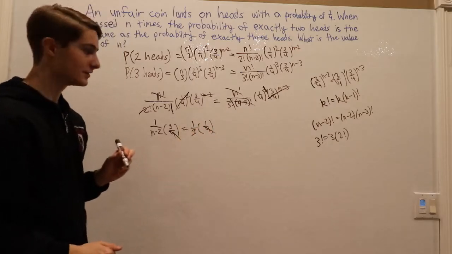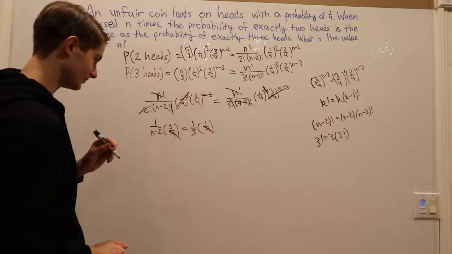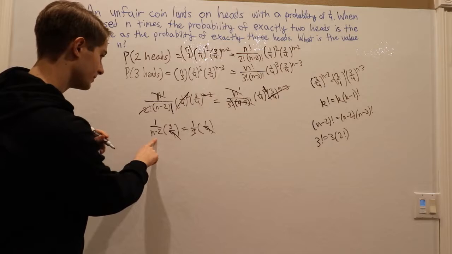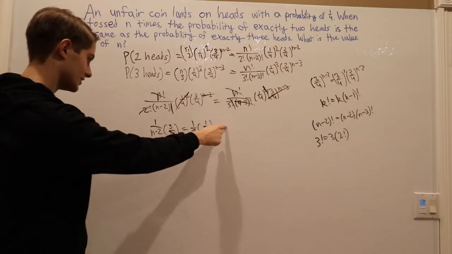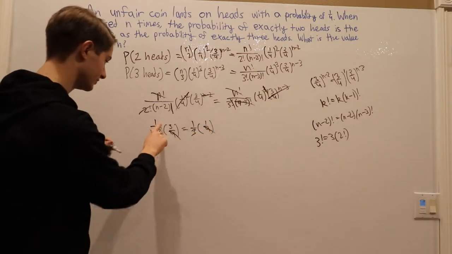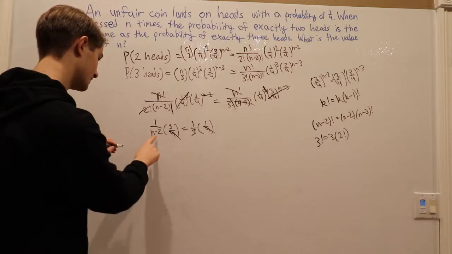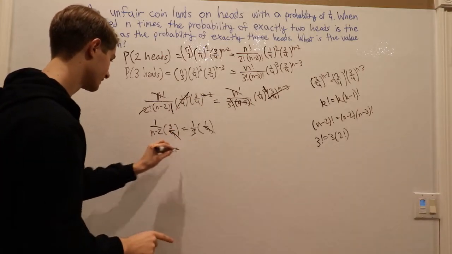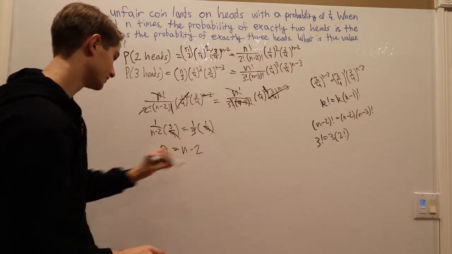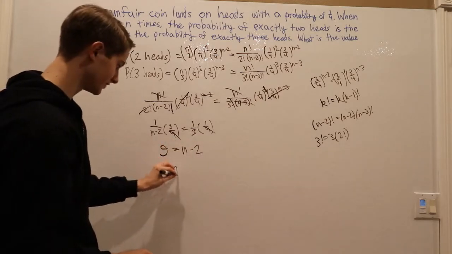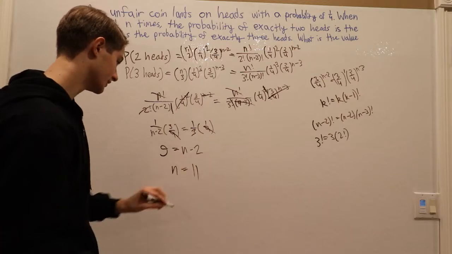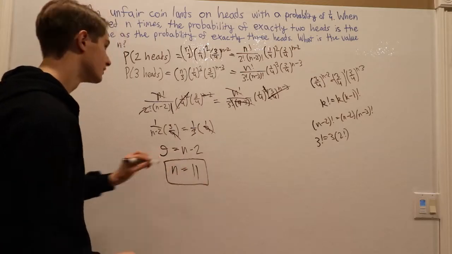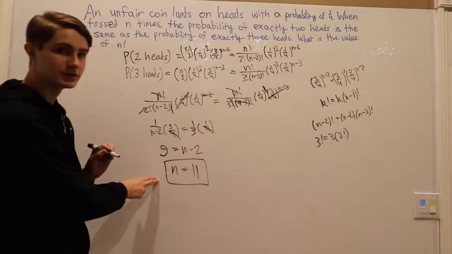We can cancel those out. Then we multiply by n minus 2 to get it onto the top, and multiply by 3 to move it to the other side. So 3 times 3 is 9, and that is equal to n minus 2, and that gives us n equals 11. So this is our answer.